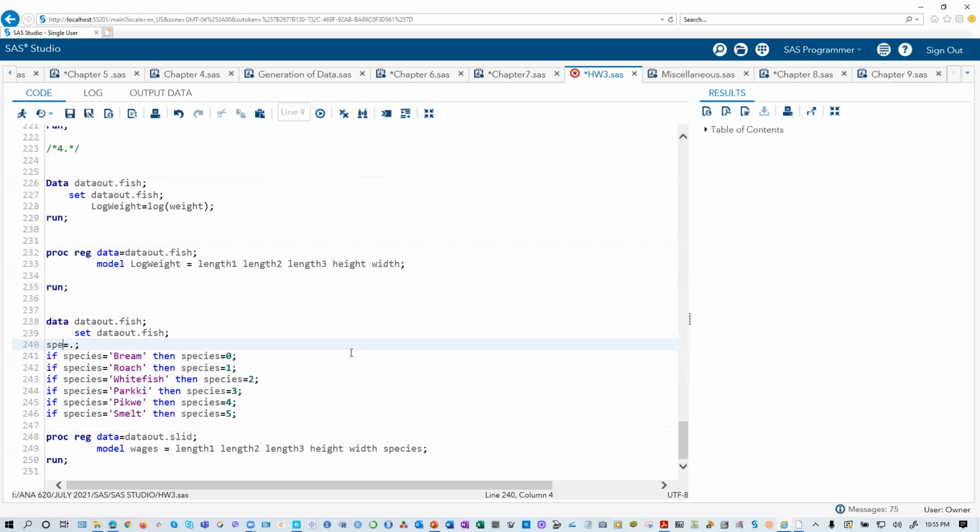Okay, let's say spec. Spec equals 0, 0, 0. New name. Species.